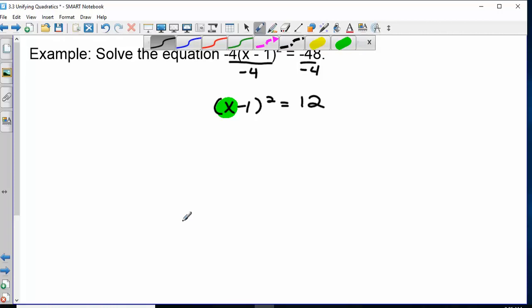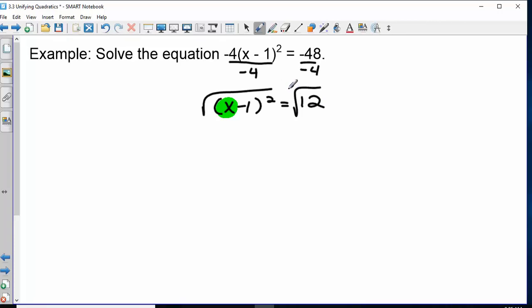Now, if you did FOIL it out and set it equal to 0, you'll still get the right answer, but this will be faster for us. We can just do a square root. Anytime you add a square root, you have to do plus and minus. So I have x minus 1 equals plus or minus the square root of 12. How do I break up 12? 6 squared 4 would be 2 radical 3.